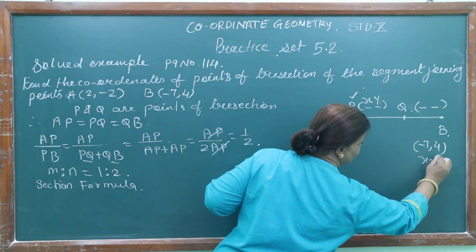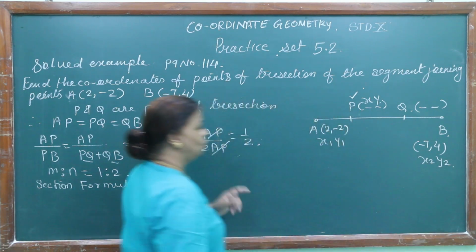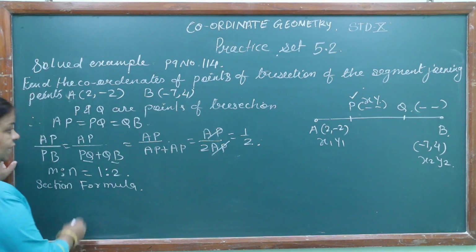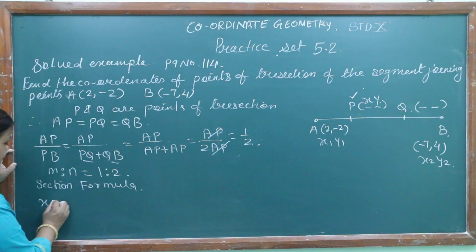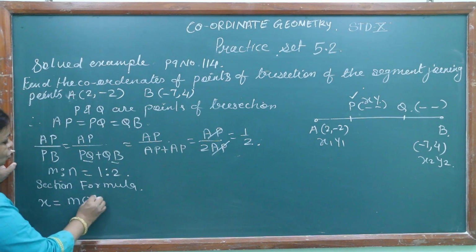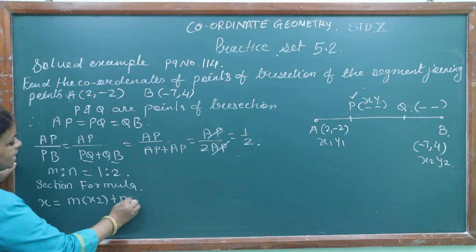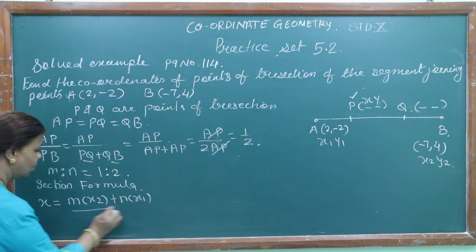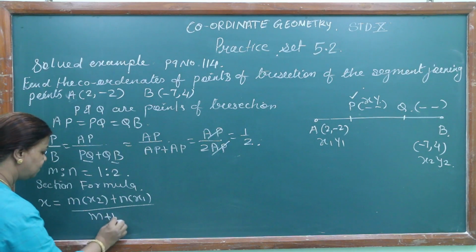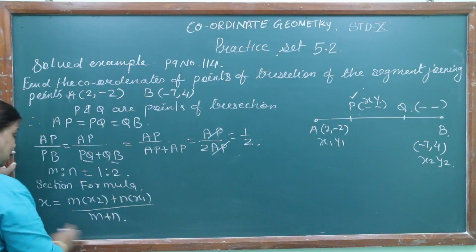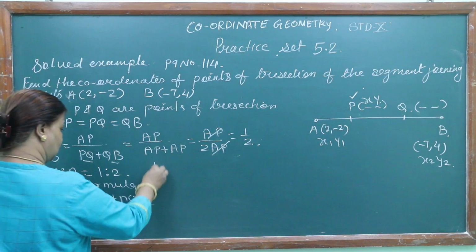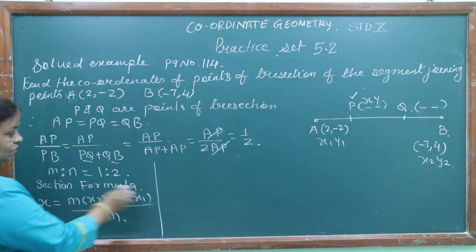This one will be x2, y2. So let us find coordinate x by the section formula: (m x2 plus n x1) upon (m plus n). Now let us place the values. X we need to find.